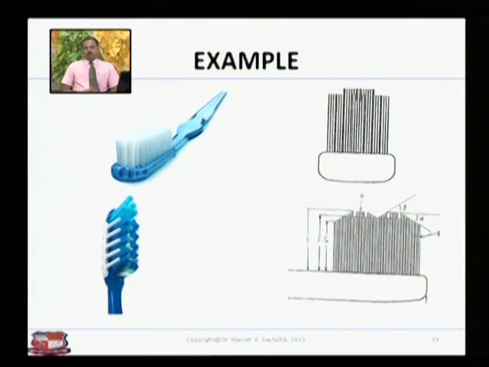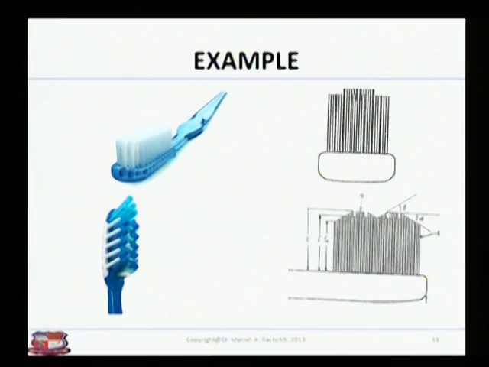So looking at this problem, one particular professor 15 years ago came out with a new design of toothbrush that you can see on the right side, in black and white color. He came out with a new design wherein he used polygonal bristles on the peripheral side and circular bristles on the central side.